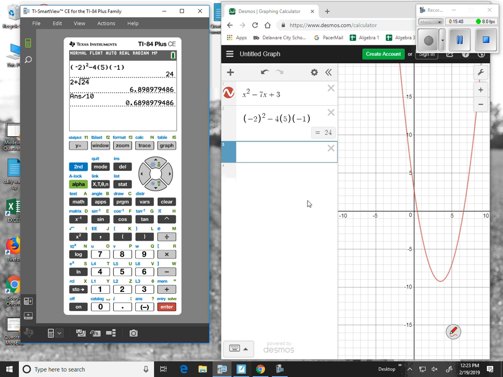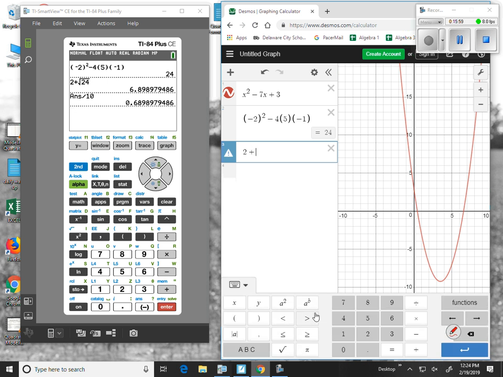If I do it in Desmos, Desmos is decently smart compared to our calculator. Now see, Desmos will say, oh, you want to divide the 24 by 10? No, I don't.